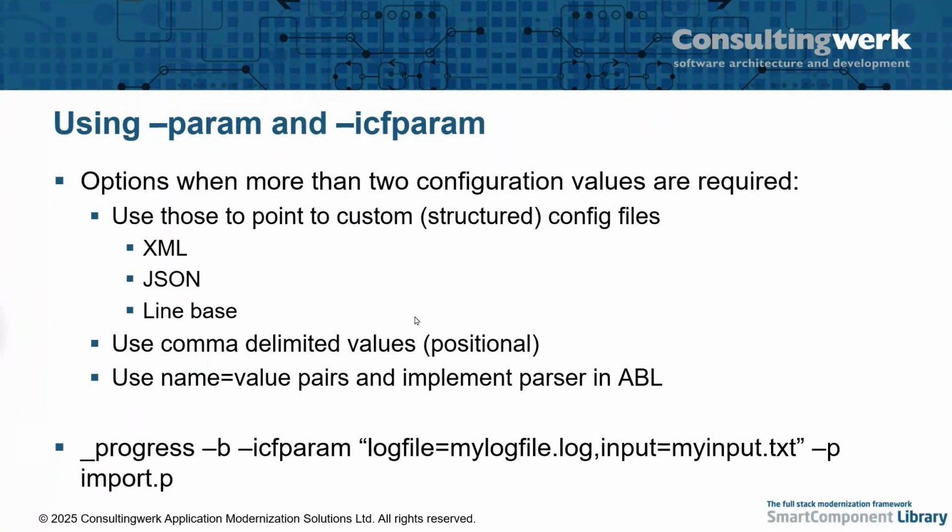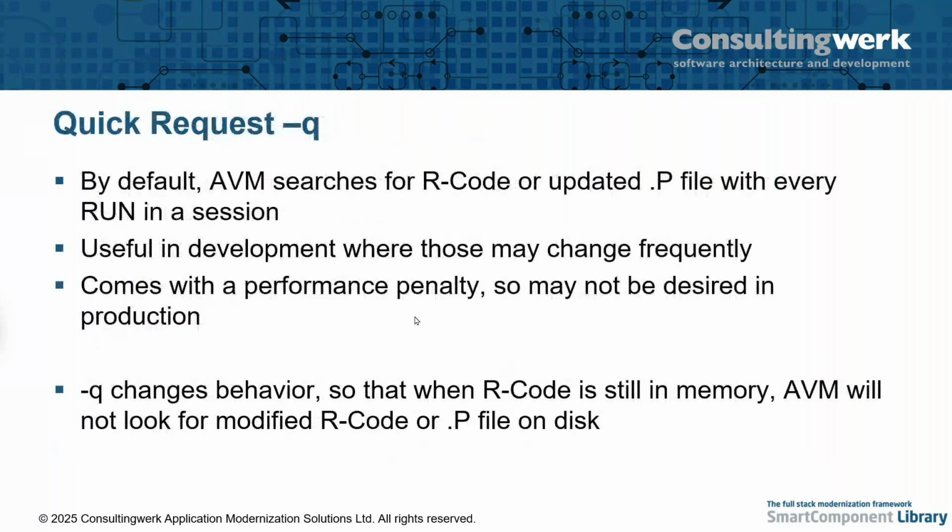So you will need to think about one way to structure those, and what we see very often, and actually we use very often, is use these parameters to point to an XML or JSON file or a simple text file, or use comma delimited values with a name equals value, and pass them then within your startup procedure to gather that configuration.